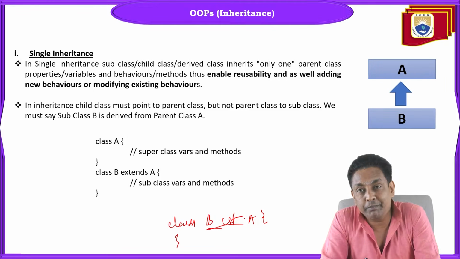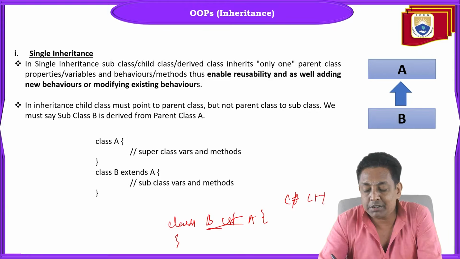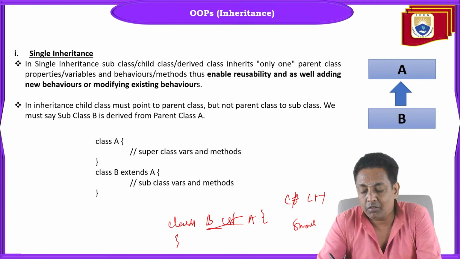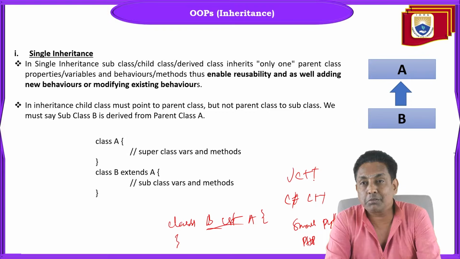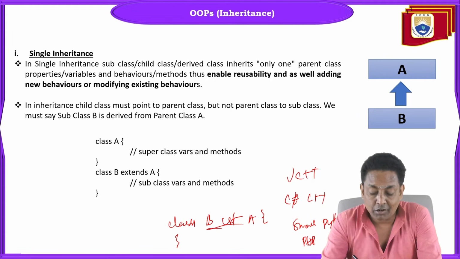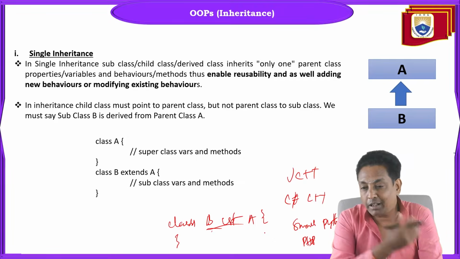What about C sharp? What about C++? What about Smalltalk? What about Python? Python also supports object-oriented programming. What about PHP? PHP also supports object-oriented programming. What about VC++? It's also object-oriented programming. Not only Java, even VC++, C Sharp, C++, Smalltalk, PHP, Python, and many other languages.